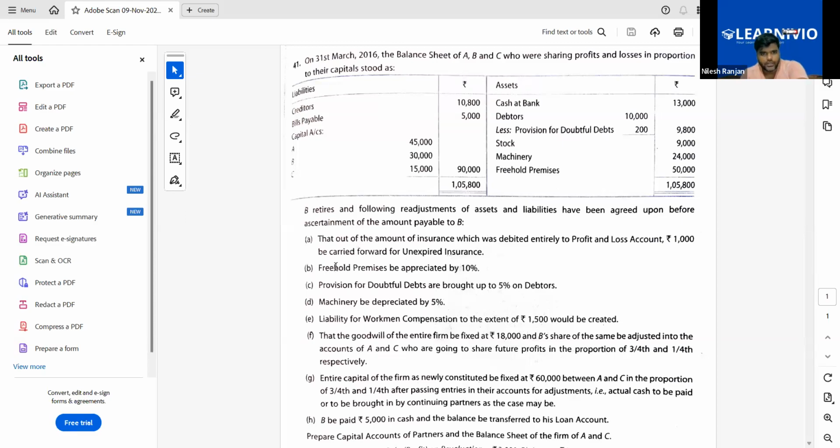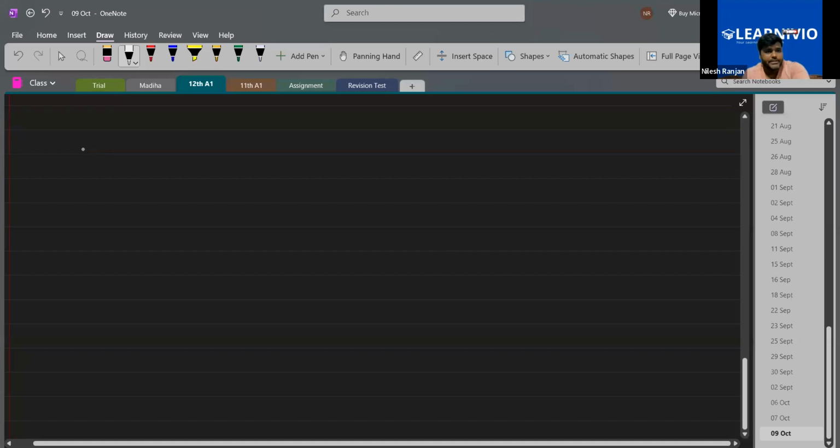Okay. Now, out of the amount of insurance which was debited entirely to profit and loss account, 1,000 be carried forward for unexpired insurance. Unexpired insurance means working note number 2, revaluation profit and loss.